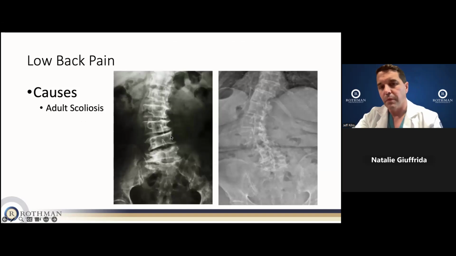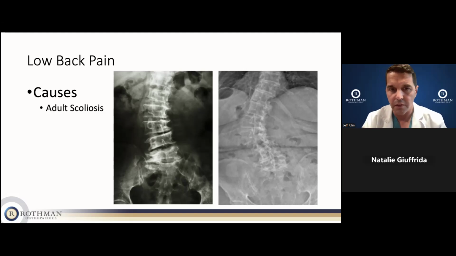This is an X-ray of a spine, and another common cause of low back pain that I see is scoliosis. So when you think of scoliosis, a lot of you maybe think of children who have scoliosis that they used to pick up in gym class that they brace, but adults also get scoliosis. It occurs because as these discs collapse and degenerate, they do so asymmetrically, and they collapse more on one side than the other.